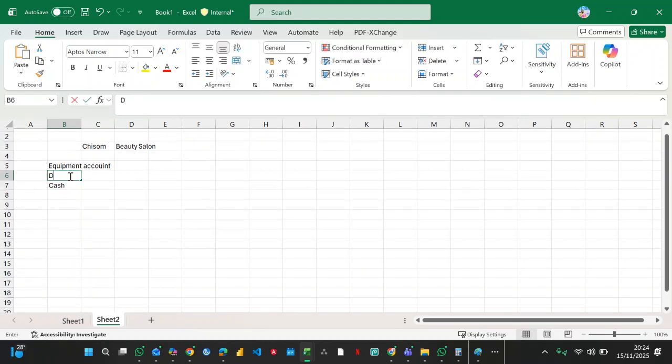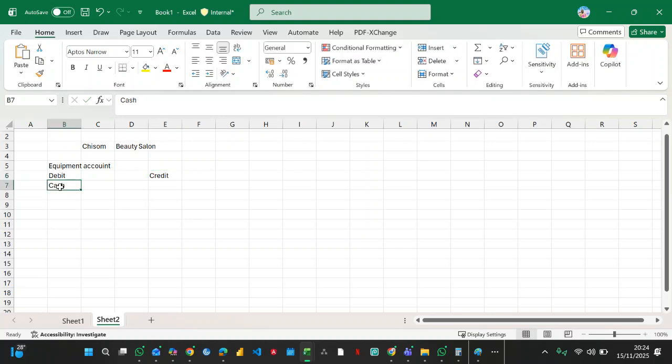Remember, a ledger book is going to be like so. This side of the account is going to be debit, and on the other side is going to be credit.